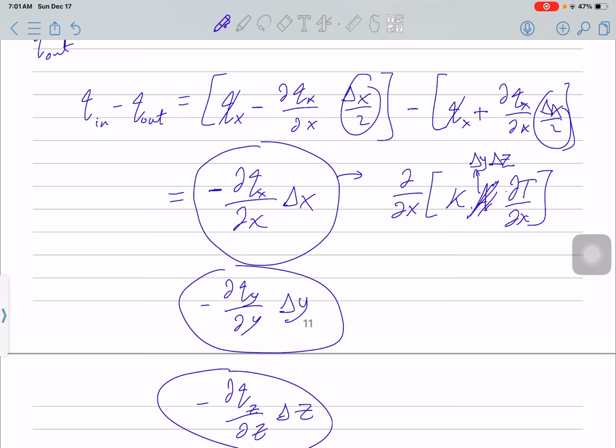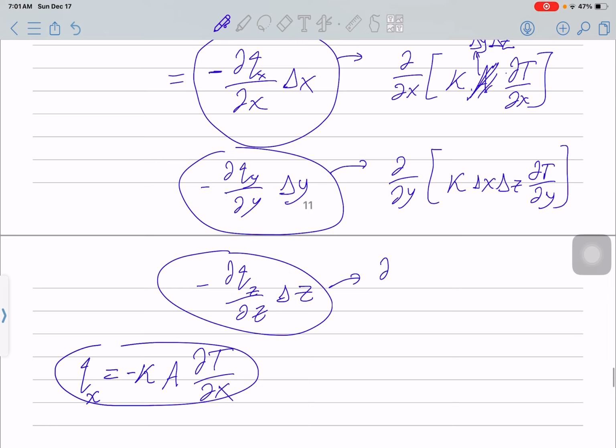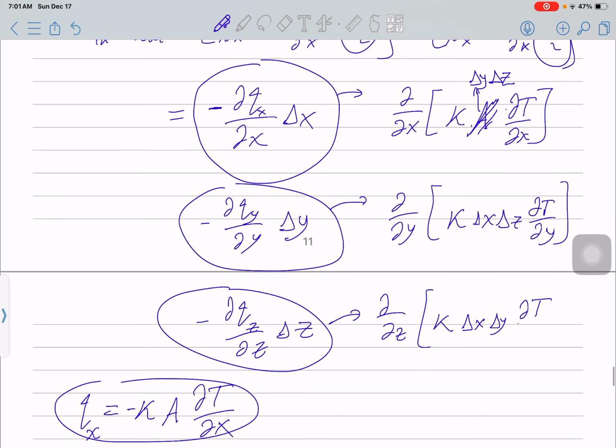Similarly, we can do the same thing for the other terms: partial by partial y of k, where the area will be delta x delta z, partial temperature by partial y. Here we will have partial by partial z of k delta x delta y, partial temperature by partial z.